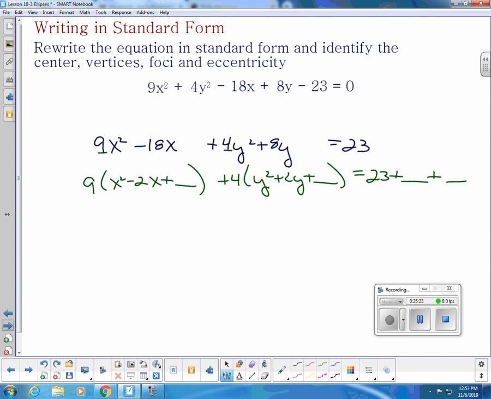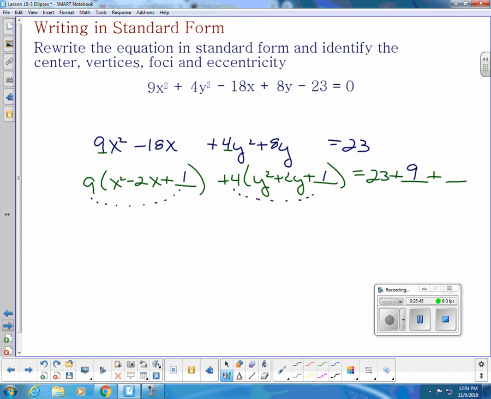So remember, it's half the middle guy squared. So half of 2 is 1, squared is 1. But what did I actually add to that side? 9. In the second set of parentheses, here you have 2, same thing. Half of 2 is 1, squared is 1.